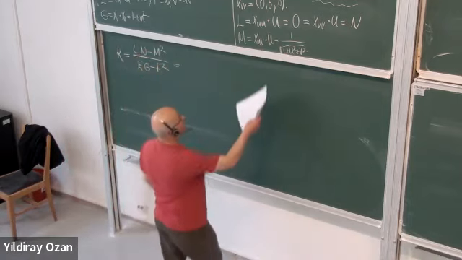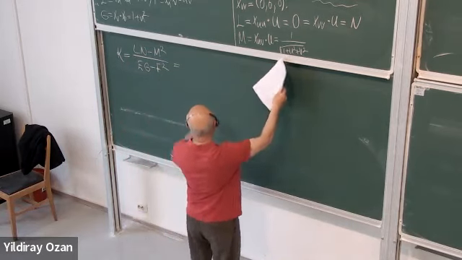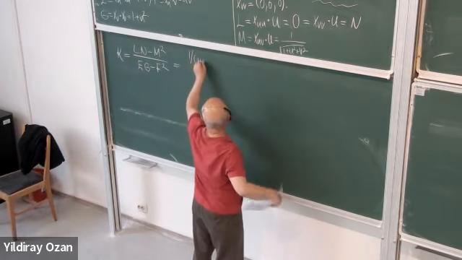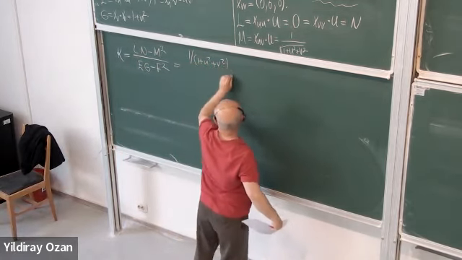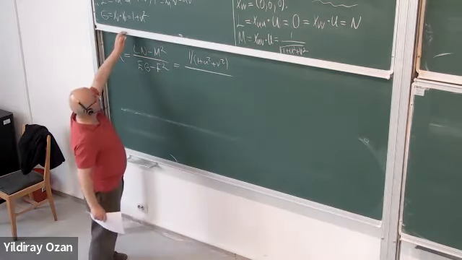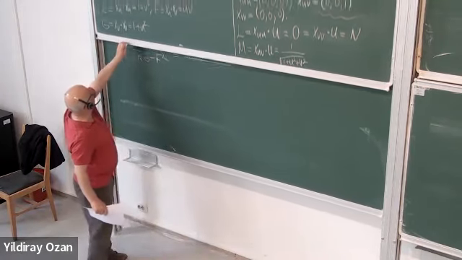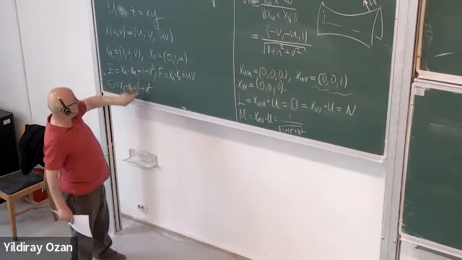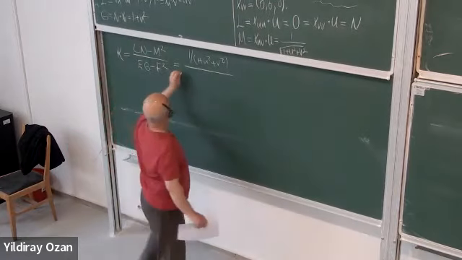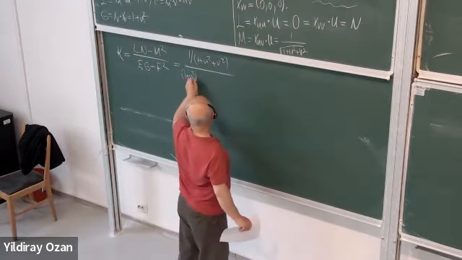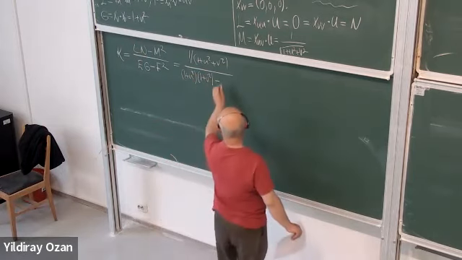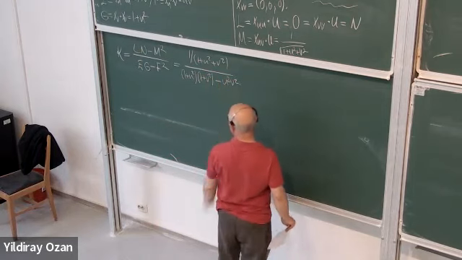I have this guy squared, so 1 over the square of this is just this expression, divided by EG minus F squared. E is this, G is this, so let me just write down 1 plus u squared times 1 plus v squared minus F squared, which is u squared times v squared.